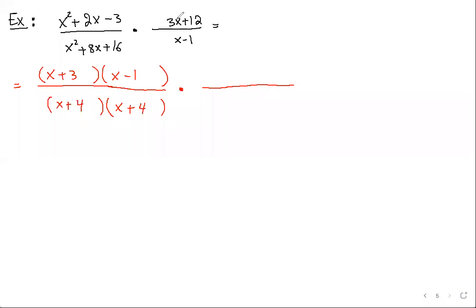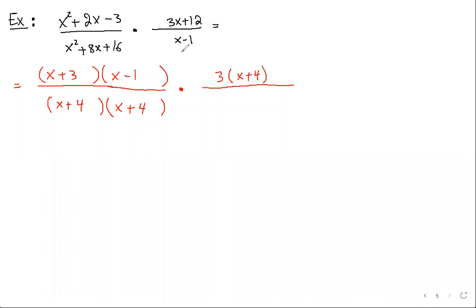For the second one, what's the factor? 3 parentheses x plus 4. Why? Because here the 3 is the common factor, the greatest common factor, like we learned in the previous class. So we bring it outside, we open parentheses, x plus 4.